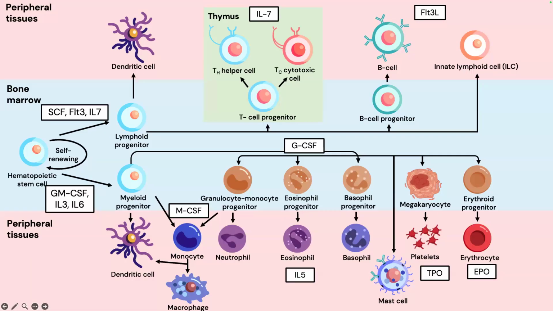Granulocyte colony stimulating factor promotes the production of granulocytes ultimately. Macrophage colony stimulating factor promotes macrophage maturation, and then TPO, or thrombopoietin, produces platelets, and EPO, or erythropoietin, will influence the production of erythrocytes.